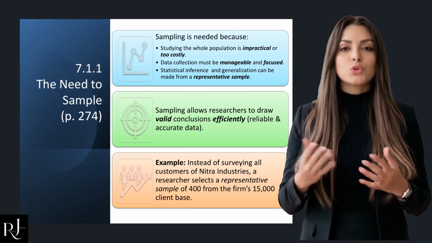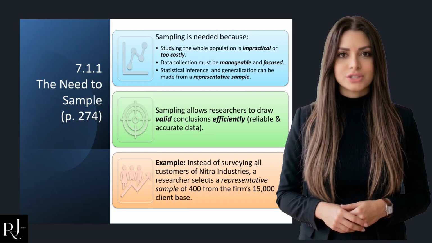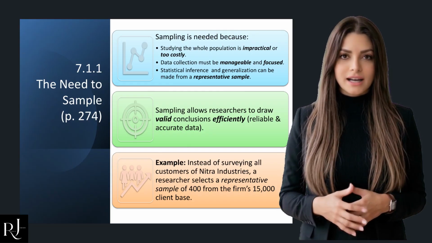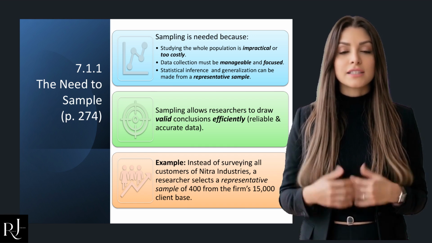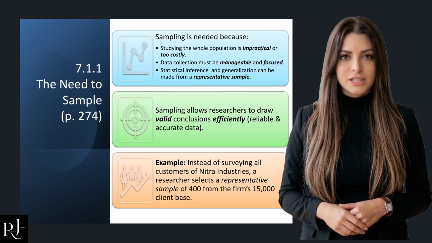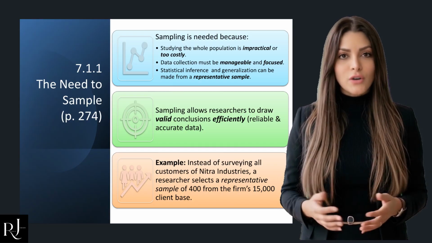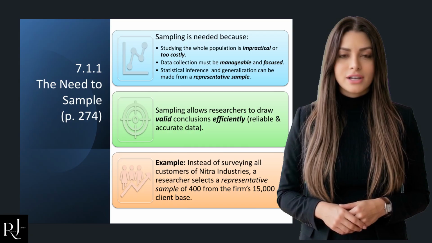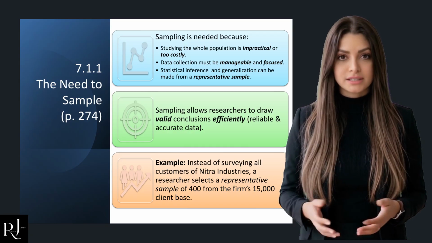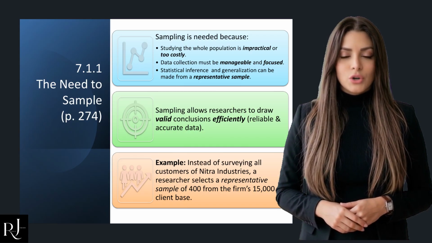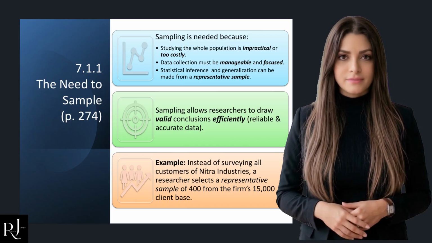This approach enables researchers to draw valid conclusions efficiently, providing reliable and accurate data without the need for an exhaustive census. Consider Nitra Industries. Instead of surveying all 15,000 clients, a researcher can select a representative sample of 400 to get a very clear picture of customer satisfaction level.